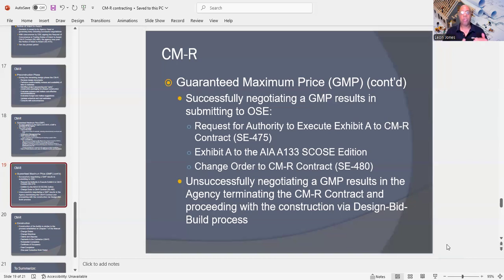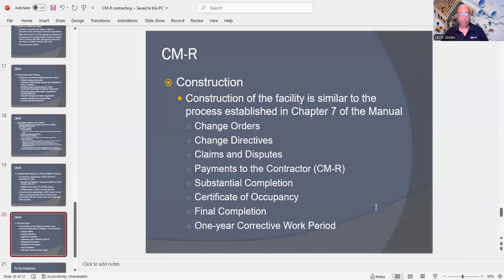Again, unsuccessfully negotiating a GMP contract results in the agency terminating this CMAR contract, and they're going to go ahead and proceed with the design bid build process. And then construction. Construction of the facility is similar to the process established in Chapter 7 of the AIA manual.